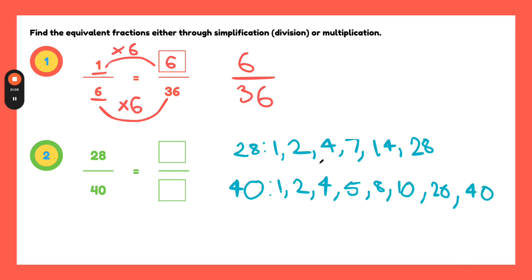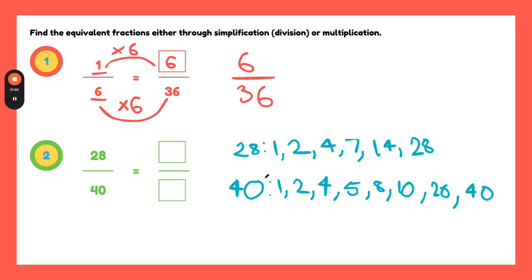Okay, so we now have listed all the factors of both 28 and 40. So now we look: what is our highest common factor of both 28 and 40?